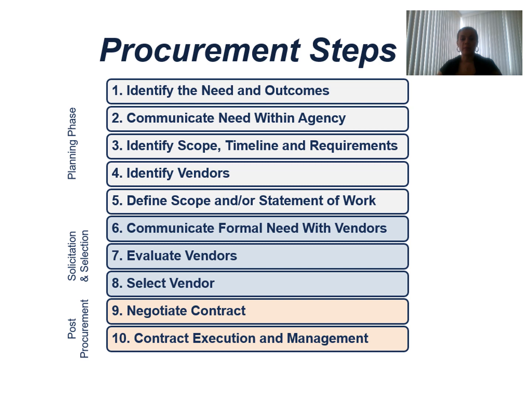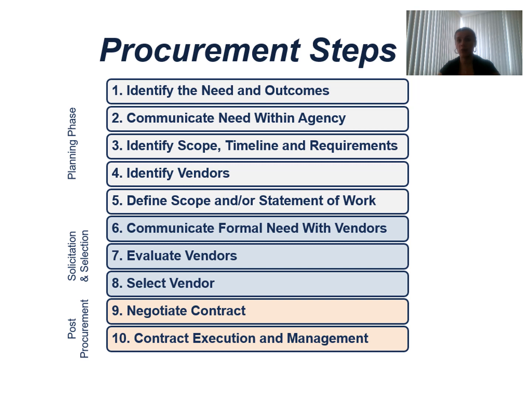So, the steps are the following. We have a planning phase that includes identifying the needs and outcomes, communicating needs with the agency, identifying scope, timeline, and requirements, and identifying vendors, as well as defining scope. A statement of work is important for this part of the procurement. Then we go through solicitation and selection. That includes communicating formal needs with vendors.